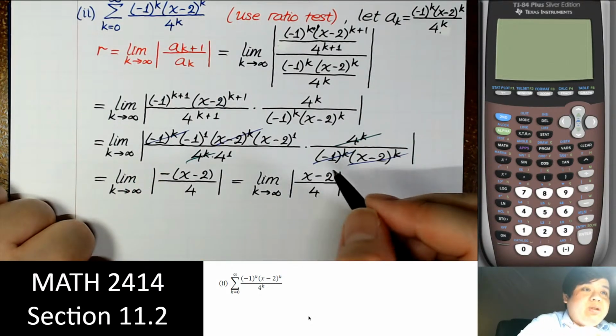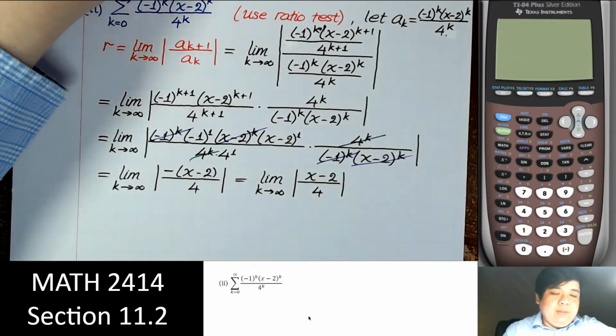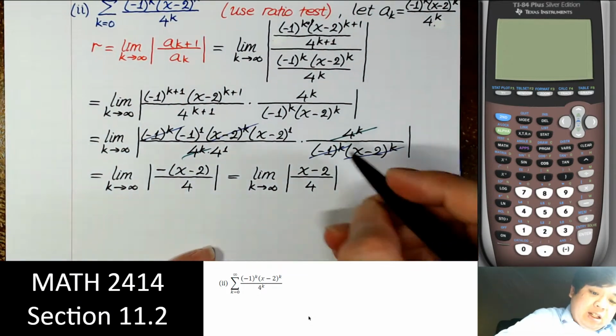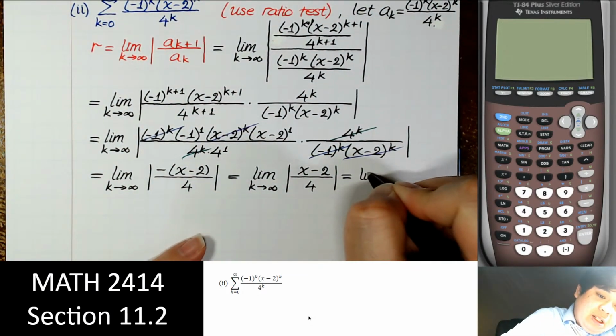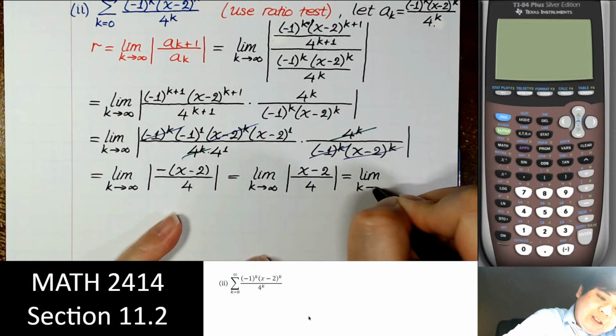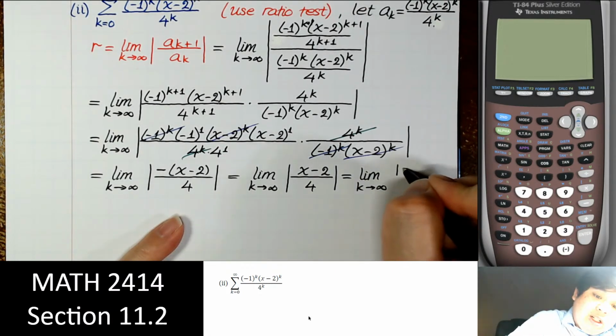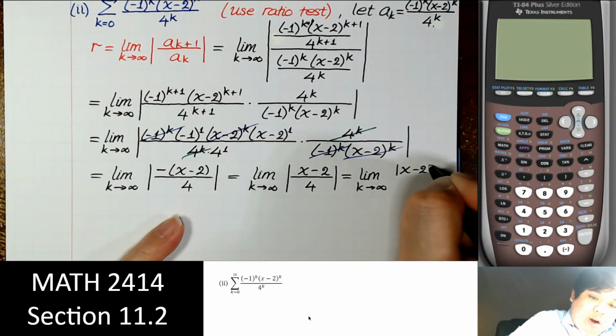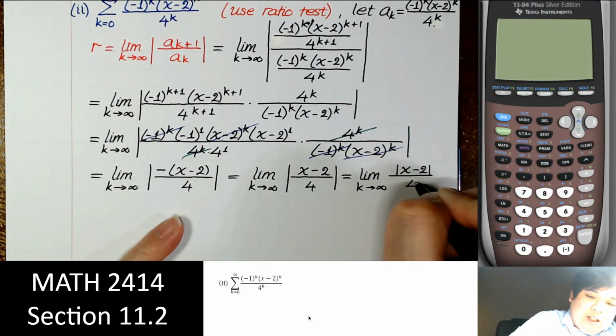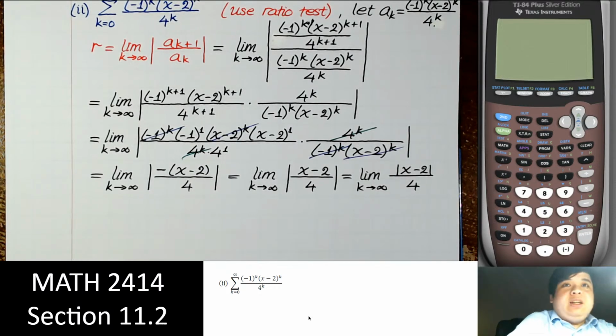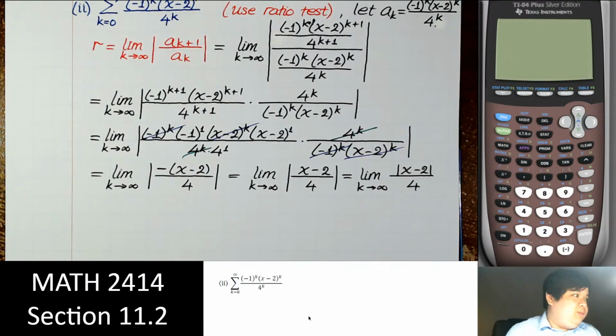We have absolute values anyway. And if it is a positive number, like 4, then we really don't need to put absolute values around the 4, right? Because 4 is positive already. Absolute value doesn't do anything to it.